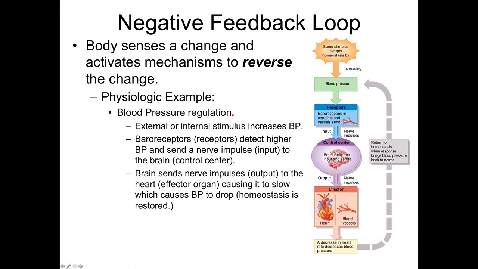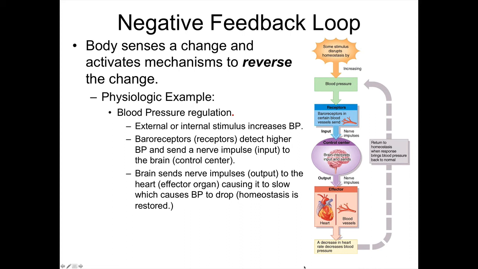So what do you think in this case is going to be the effector organ? The only way to reduce blood pressure is to slow down the heart rate. So the efferent signal is going to go to the heart, which is the effector organ in this case, and the heart is going to slow down.